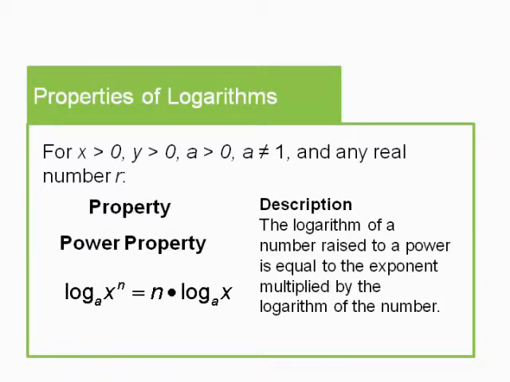The final log rule, there's only 3 of them, is called the power property. It says the logarithm of a number raised to a power is equal to the exponent multiplied by the logarithm of the number. So for example, let's stay with base 10 on our calculators. The log base 10 of 5 to the 4th power will equal 4 times the log base 10 of 5.